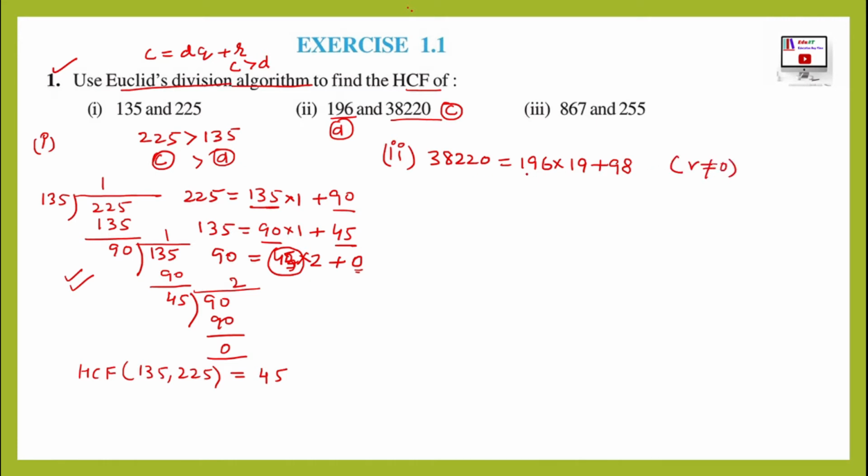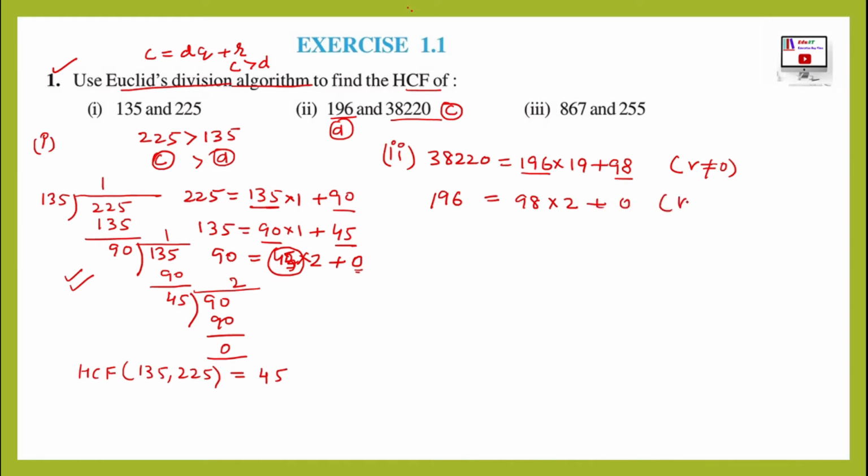So new numbers will be 196 and 98, and this 196 is C and 98 is D. So this 196 can be written as 196 is equal to 98 into 2 plus 0.